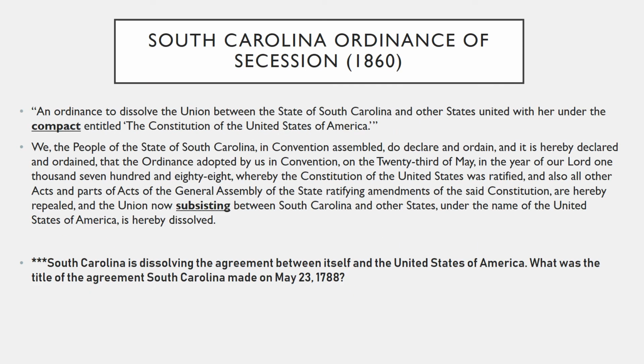So the document that we're looking at in this activity is the South Carolina Ordinance of Secession from 1860. And so you can see there are 2 words that are bolded and underlined that the groups must look up. But this is the first chunk of this primary source. And the students read this together and then they address the question.